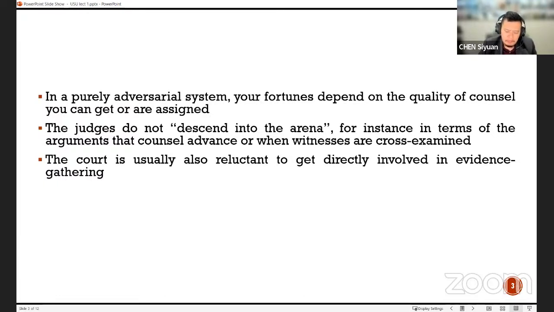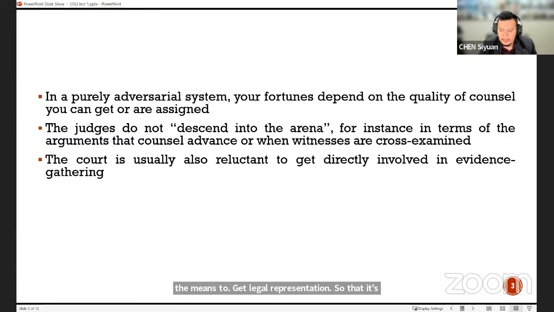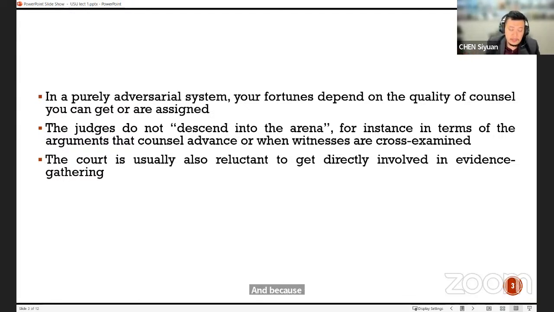In some cases, the court may say, okay, there are certain things that are missing. Can you go and find them? That's possible, but the court will not be directly involved. So the court doesn't investigate the crime. It's really the prosecutor working together with the police. And as for defense counsel, we'll come to that later, but generally, they don't have the same access to evidence as the prosecution would.